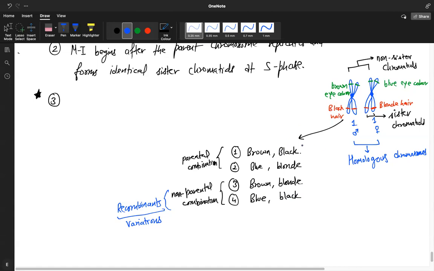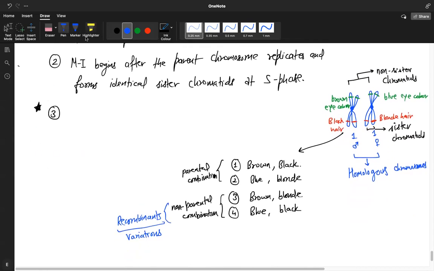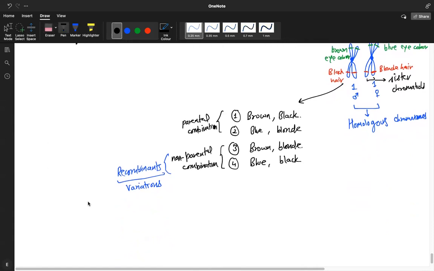So how does this happen? This happens through meiosis, because during meiosis there is an event that is not explained very well in your book, but I will explain it so that it will help you in class 12th as well. So wherever you go to study class 12th from, remember this concept.